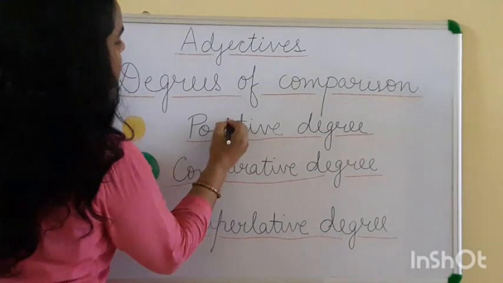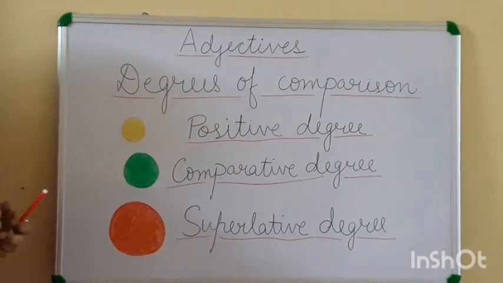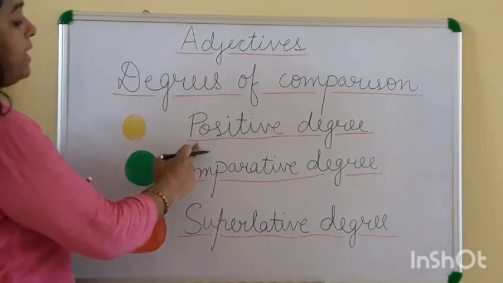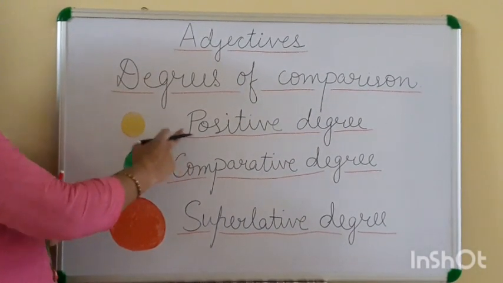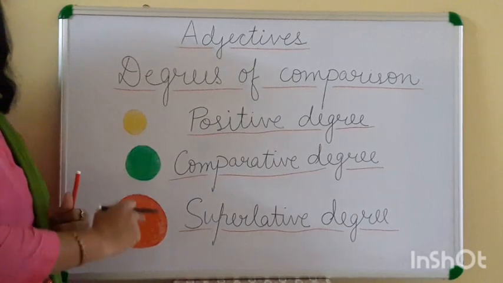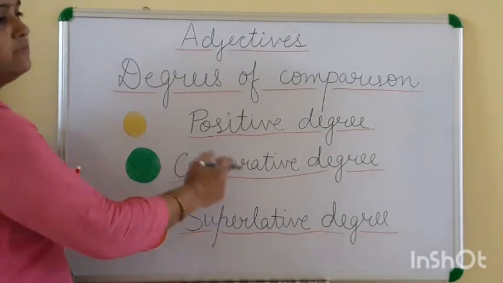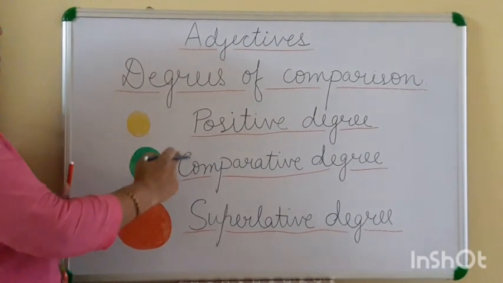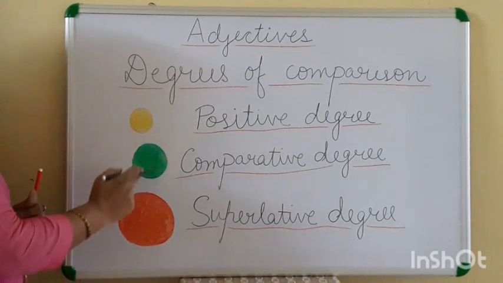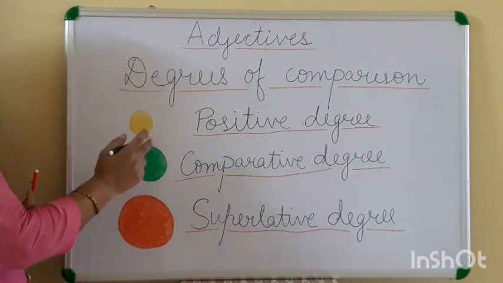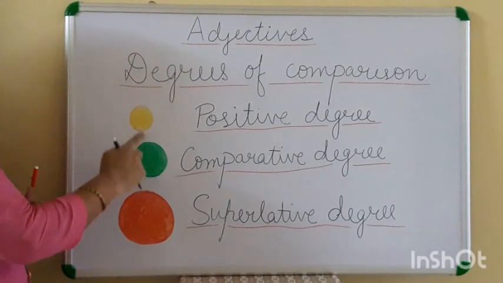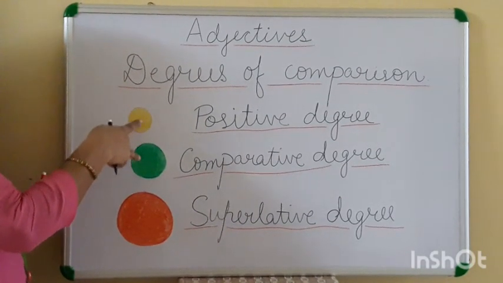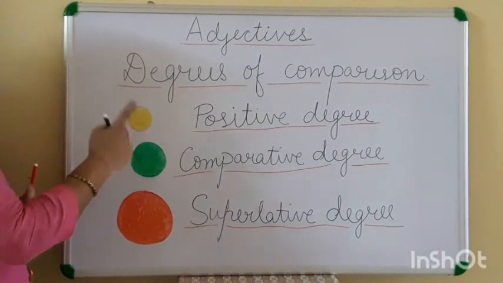We use positive degree of comparison when we are not comparing the thing or person with any other person or thing. We use comparative degree of comparison when we are comparing the thing or a person with another person. We are comparing between 2 things or 2 persons.